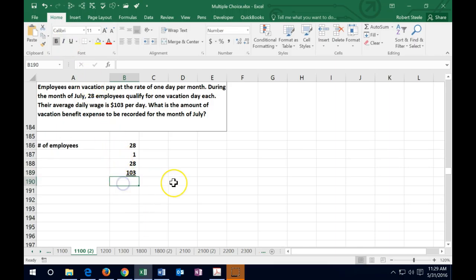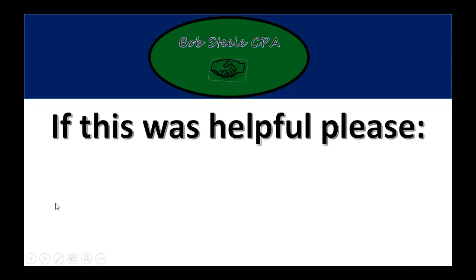At this point, they have earned those days, and therefore we are going to record the 103 at this time. So we got the 28 times the 103. That means the amount of vacation benefit expense at this point in time would be the 2884.